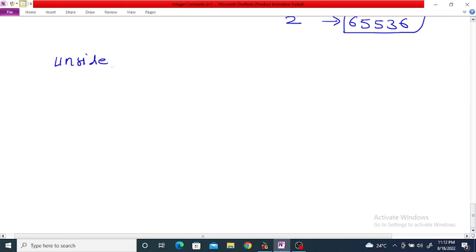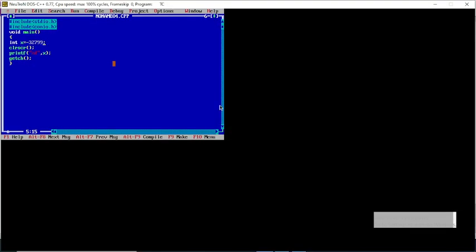by using the keyword unsigned. By using this unsigned keyword you can convert this negative to positive. So for positive numbers you have a total of 65,536.